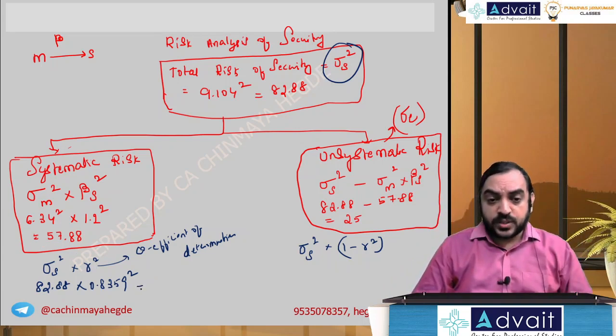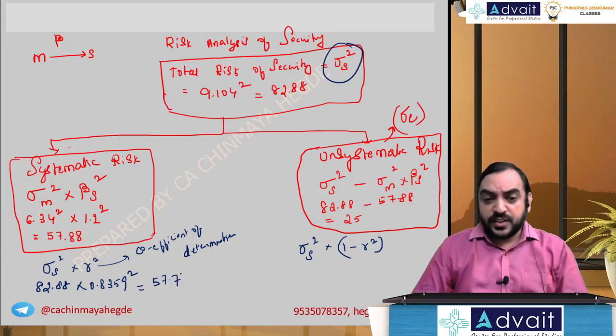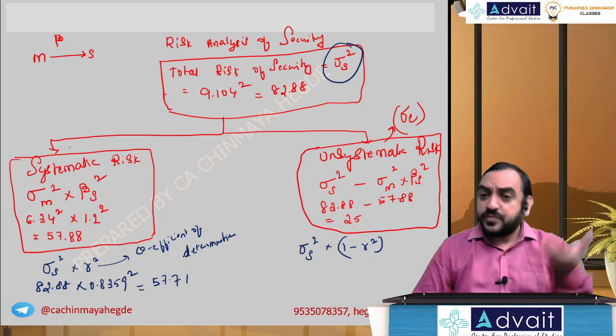Let's see if we get approximately the same answer. 82.88 into 0.8359 into 0.8359. 57.7. You get a small difference. That is because of the mathematical round off you have done. That's fine.